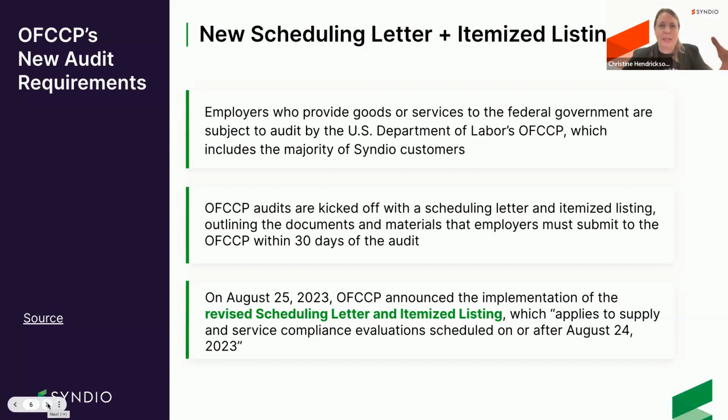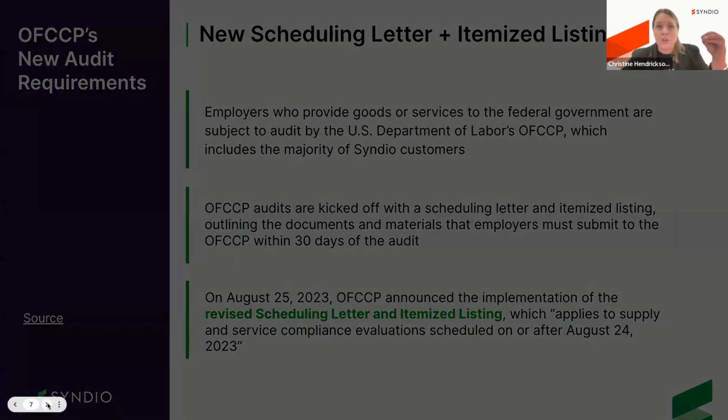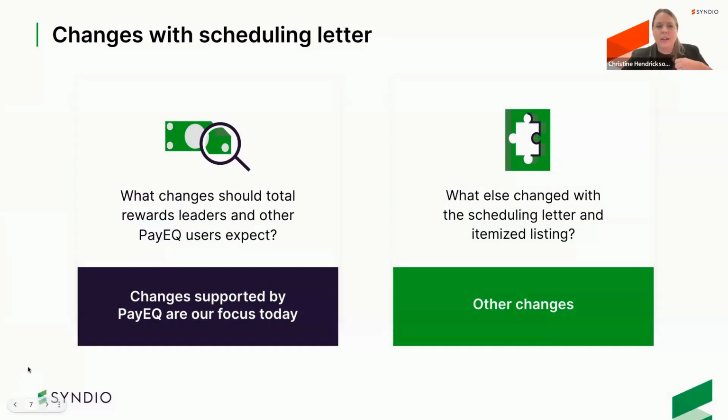The OFCCP originally proposed really significant revisions to that kickoff letter in November 2022. In April 2023, the OMB published a slightly revised version of the documents for review and comment, and a lot of comments were made on the OFCCP's changes.